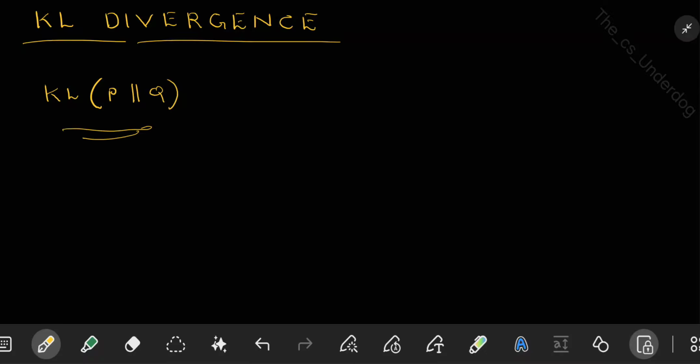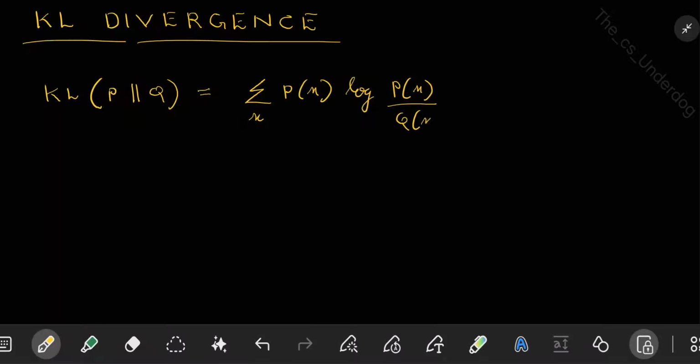So how do you read this? KL divergence of Q from P. This can be written as the sum over all x of P(x) times log of P(x) by Q(x). For now, just see the formula. We'll clearly explain what exactly this is and where it is coming from. This is in the case of discrete random variables.